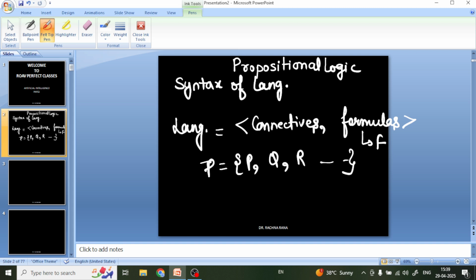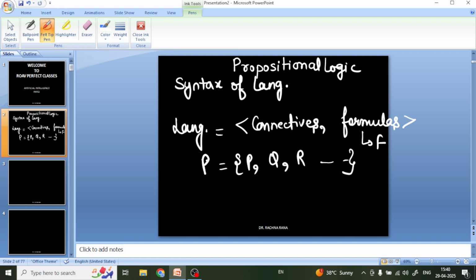The set of formulas is chosen by first choosing a set of atomic formulas, then defining the rest of the language essentially. So let's call the set of formulas f. We want to define what this set is, and let's call the set of atomic formulas p, and that's given to us, that is the basic unit essentially.